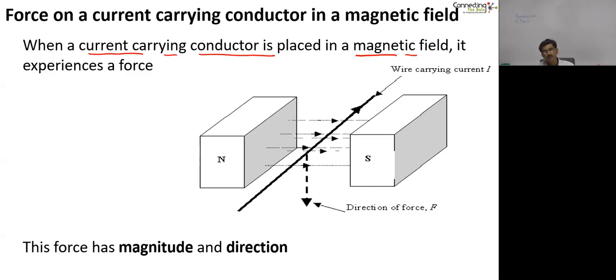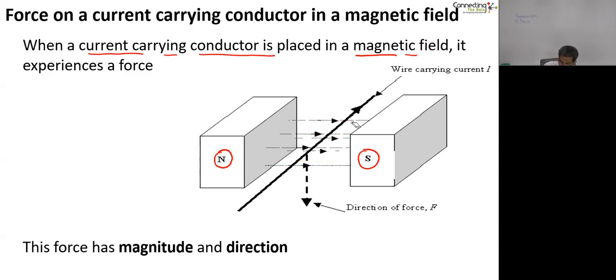Now, it is very easy to see why it experiences a force, because the current carrying conductor itself has a magnetic field. It has been placed in a magnetic field. The magnetic field has been created by our magnets here, and there is a magnetic field between them in that direction from the north to south pole.